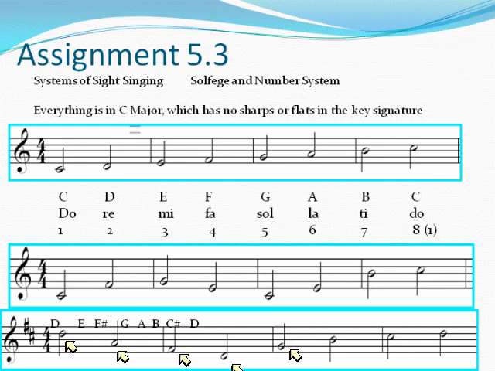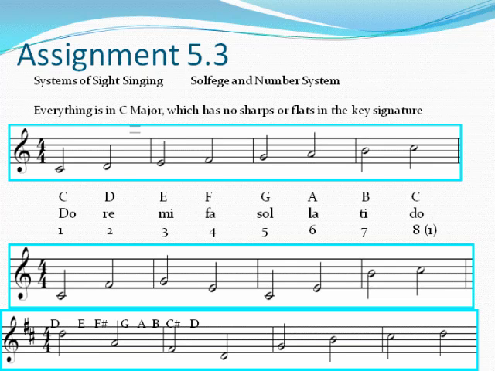G is the fourth degree of the scale, fa. B is the sixth degree of the scale, which is la. C sharp is the seventh degree of the D major scale, which is ti, and back to the high D, but it's still do. So I don't know if you follow that, but I'm in a different key, but I still assigned the syllables of solfege to that particular key.